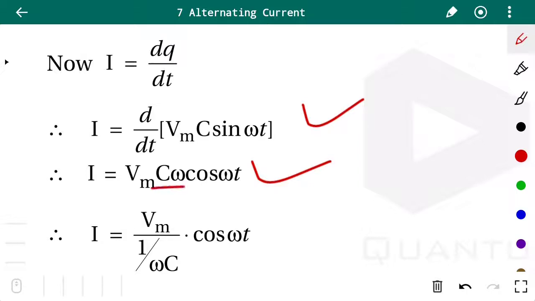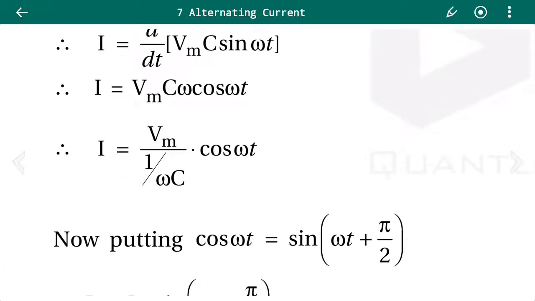Now taking this omega C in the denominator, it can be written as Vm upon 1 by omega C, cos omega t.